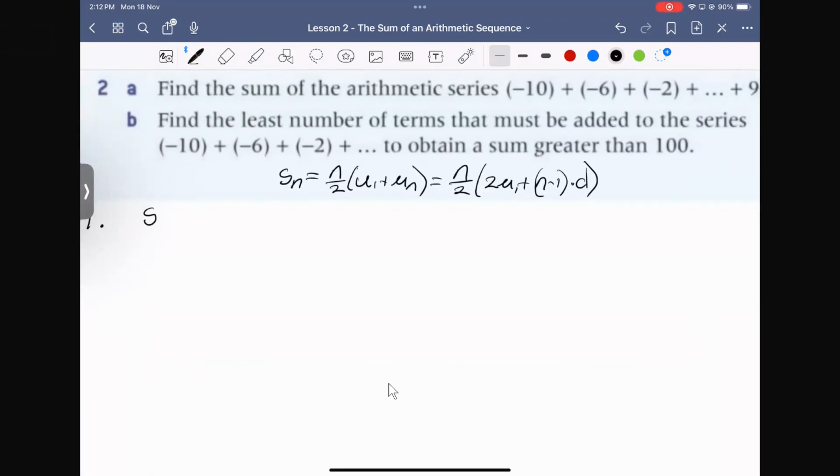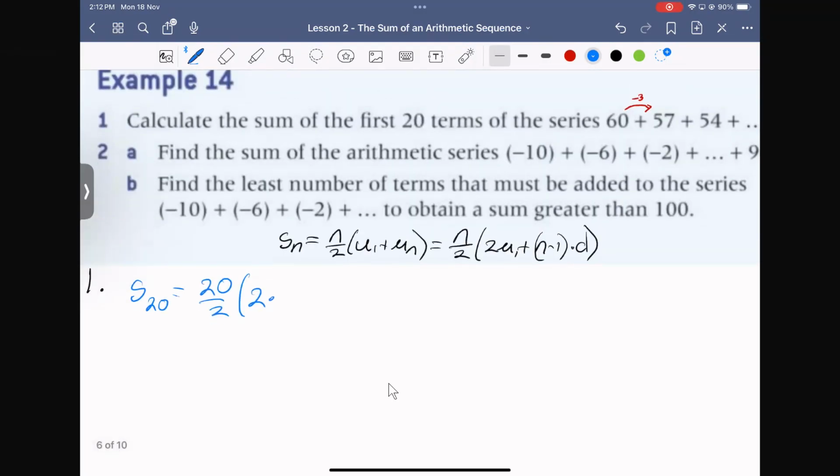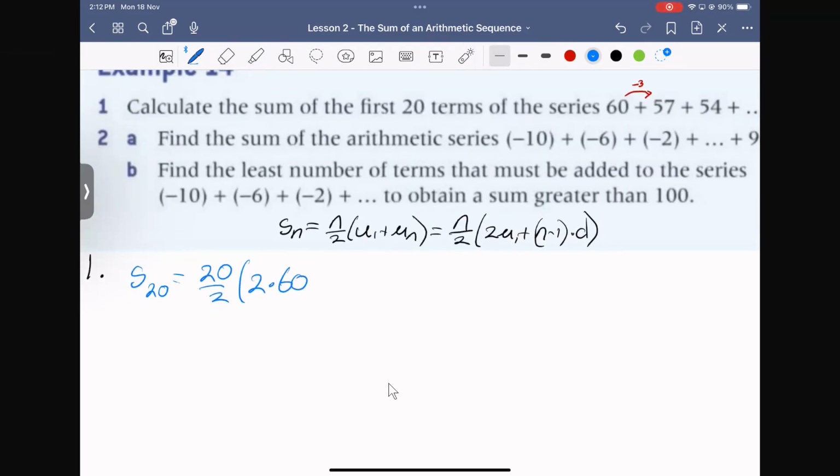So we need the sum of the first 20, which is going to be 20 over 2, 2 lots of u1, which is 60, plus 20 minus 1 lots of d, which is negative 3.